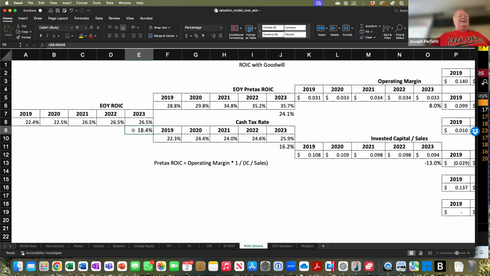Reason number 1, tax rate. In 2019, Costco paid 22.3% in taxes. In 2023, they paid 25.9% in taxes. Is that better or worse, more favorable or unfavorable to ROIC? If you're paying more in taxes, does that improve your ROIC or worsen it?